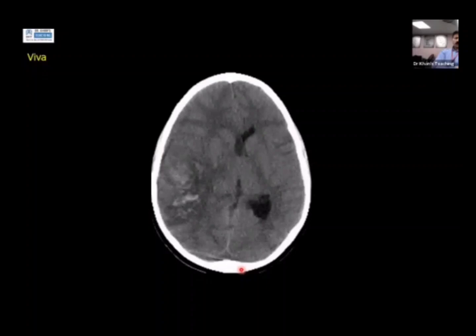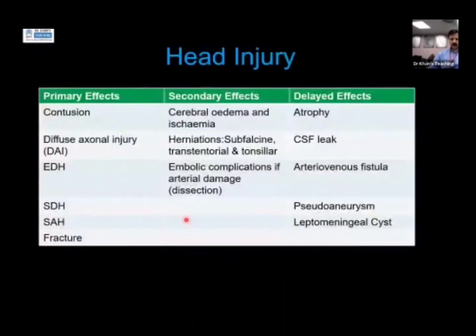Okay, so let me take over. You see, the point is, what does this slide tell you? Now, this concept you have to remember. When there is acute trauma, there are two types of parenchymal injuries which can be seen. One is contusion, and the second one is diffuse axonal injury. An example of contusion is just like a bruise.